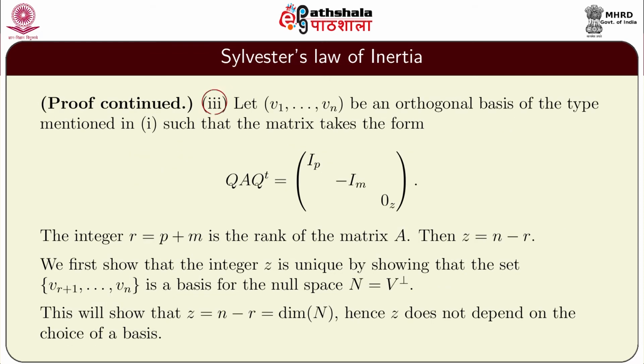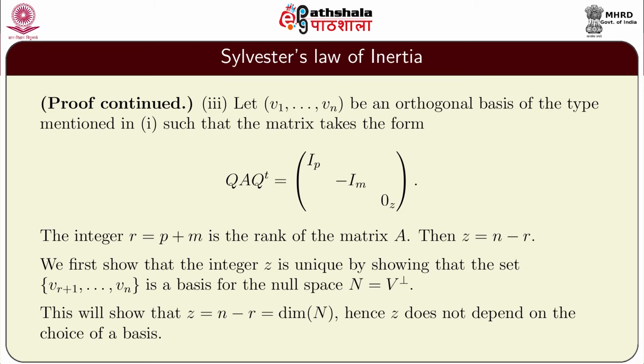Now, proof of part 3. Let V1, V2, up to Vn be an orthogonal basis of the type mentioned in part 1, such that the matrix takes the form given by this block: Ip on the top left, that is a P cross P identity matrix, then negative Im, that is the negative of the M cross M identity matrix, and 0 Z, that is the Z cross Z zero matrix.